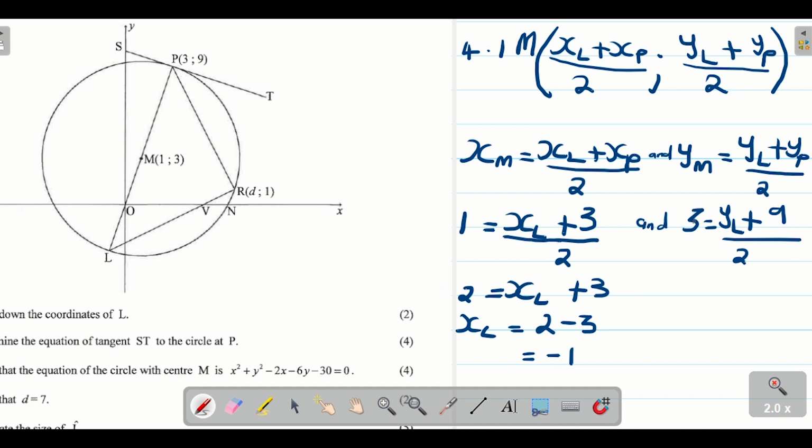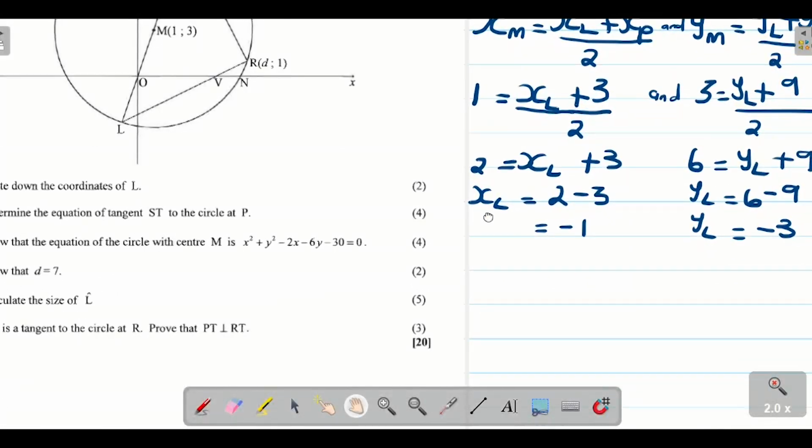Then we multiply this 3 with 2 and we end up with 6, which equals y of L plus 9. Therefore, y of L equals 6, we take the 9 to the other side, it will be minus 9. 6 minus 9 equals negative 3.